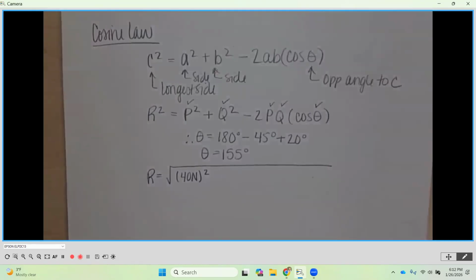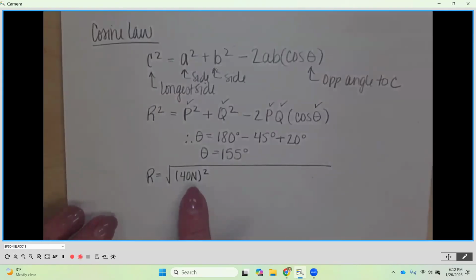All right. If our units come out as we go through and we cancel or we combine the way we're supposed to, and we end up with the proper units at the end, they are our indication that we set up everything correctly. That's why I insist on it. So make sure that you put the newtons with the 40. Okay.